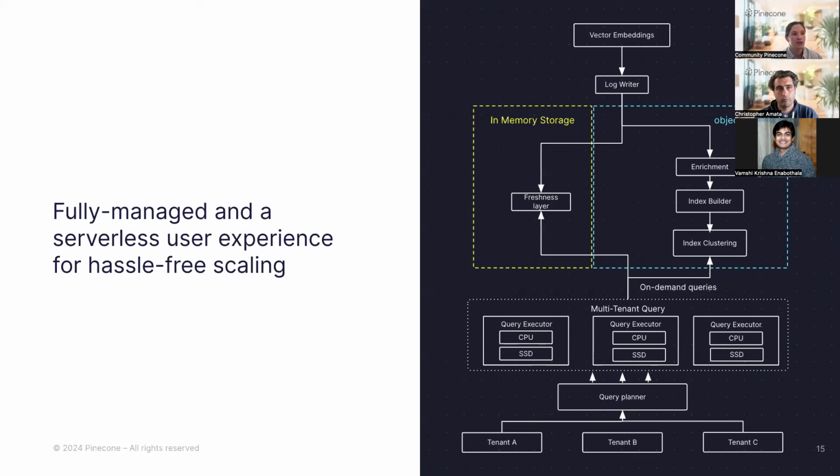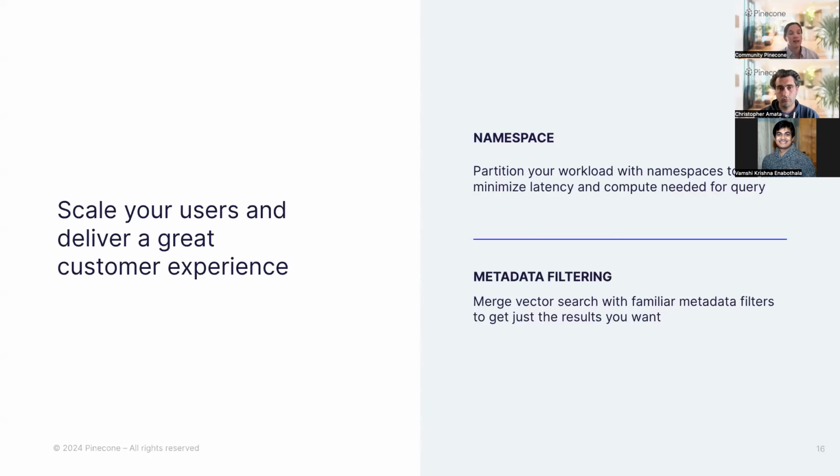And as you can see here, we have this built-in multi-tenant query or compute layer, which is really how we power our multi-tenancy use cases and workloads. And you can power highly efficient retrieval over thousands of your users, all of your users and tenants on demand. And this can be achieved with features like namespaces and metadata filtering.